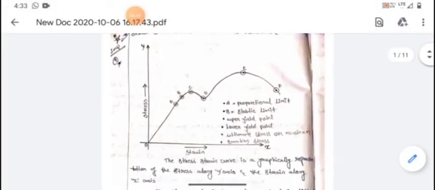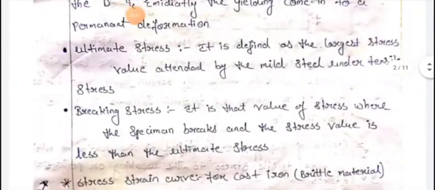Let's see what the lower yield point is. The lower yield point is the stress corresponding to the yielding where a small load drops to point D. As the load goes on increasing, there is a small drop in the load. Then immediately the yielding comes into permanent deformation, so the range of plastic deformation starts.